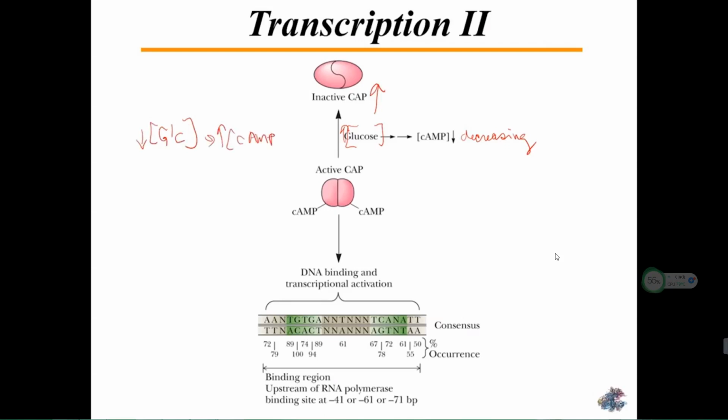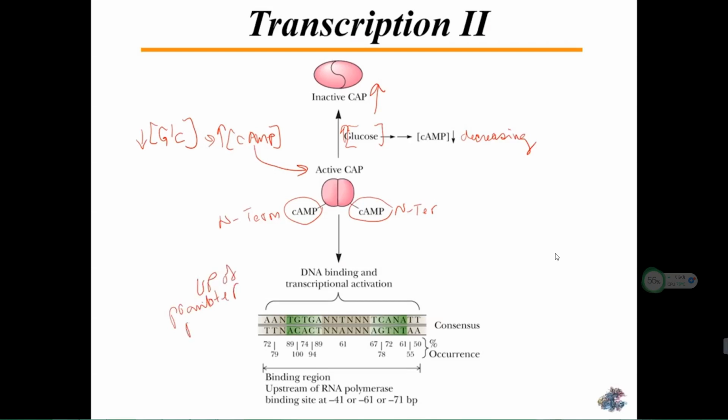This basically will activate CAP, so it will lead to each monomeric polypeptide chain binding cyclic AMP at the N-terminal, and then allow for the CAP protein to bind in a region that is upstream. Again, this is upstream of the promoter region.